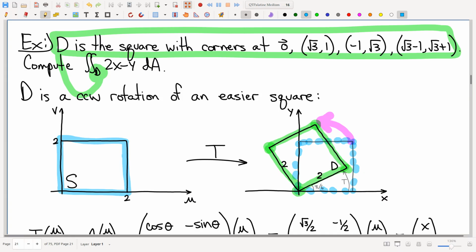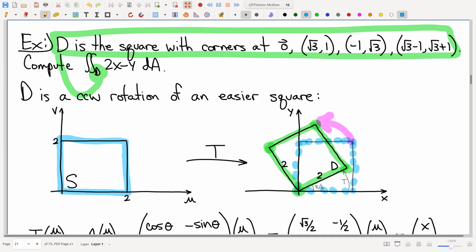That green square that we need is a counterclockwise rotation of this totally awesome domain right here, right? Everybody's favorite domain for a double integral should be a rectangle, right? A constant bound, super easy to write down, nothing to it.